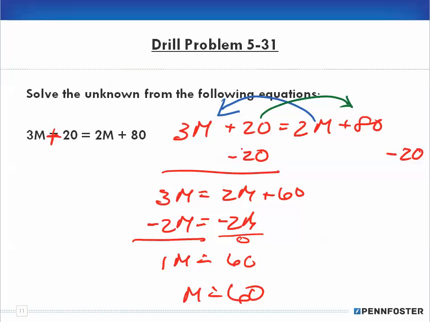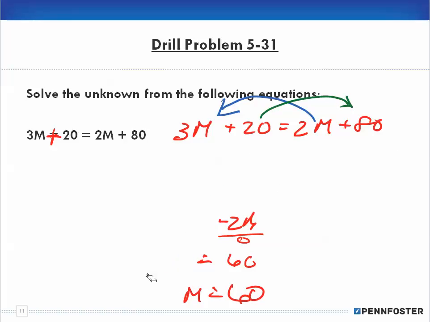Okay, so that's doing it the mathematical way. See how much I'm adding in these minus 20s here and then the minus 2m's. It was just a lot easier for me to change the sign as I crossed over. And if you're doing it mentally, you could just be doing the math as you go. In other words, I have 3m.